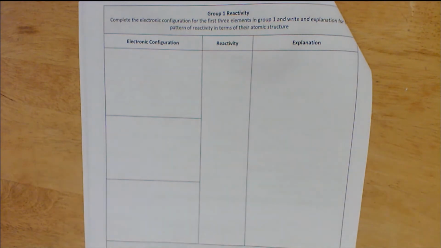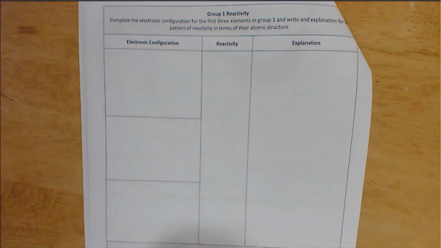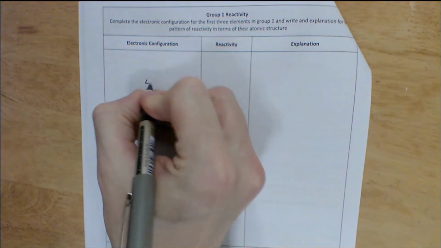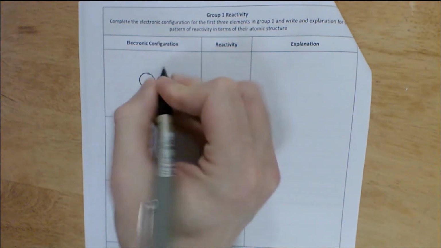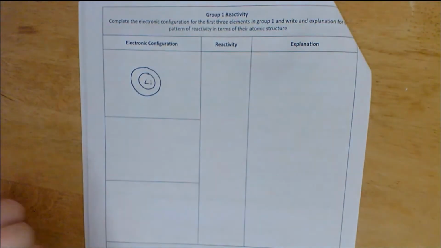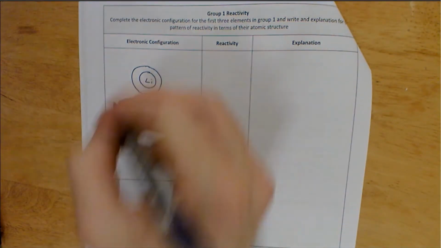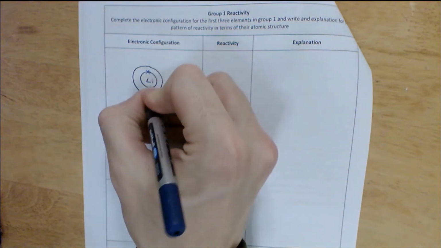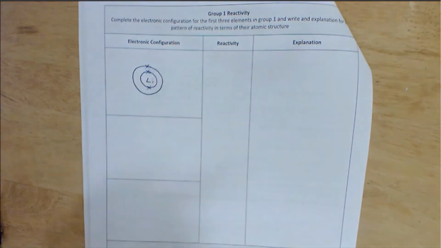So we're going to start off with the electronic configuration of the first 3 alkali metals. So lithium is in period 2, so it has 2 shells, 2 electrons in the first shell, 1 in the second.